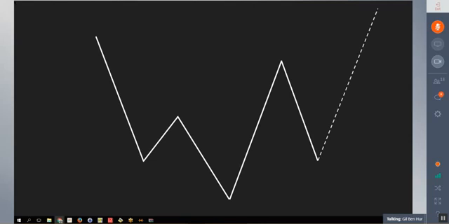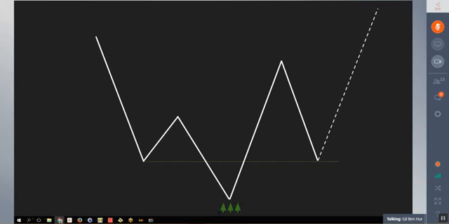Okay, so here we have a Quasimodo, and this is the Quasimodo level. Now, the little practice that we're going to do now is we're going to look at the narrative of the Quasimodo in terms of order flow. Obviously we've checked this fake-out level, and it's a bounce off something that we consider to be tradable.